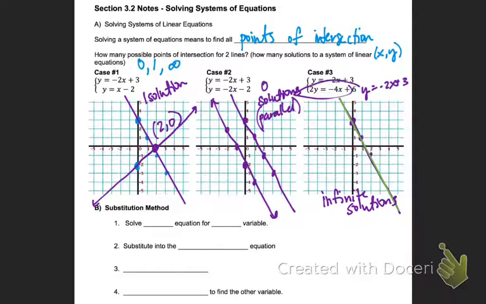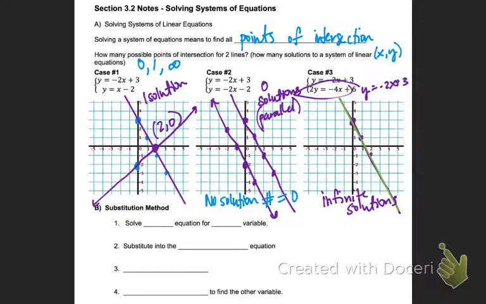If you're solving and you don't have the graph in front of you and you get something like case number 2 where you have no solution, algebraically, if I were using substitution or elimination, it ends up becoming a number equals another number and they don't work out.